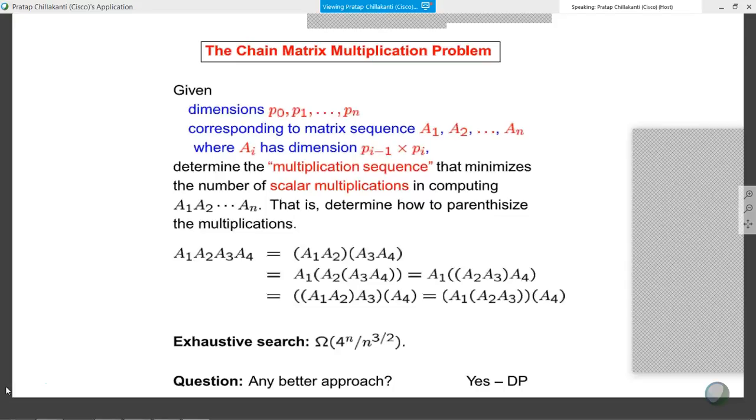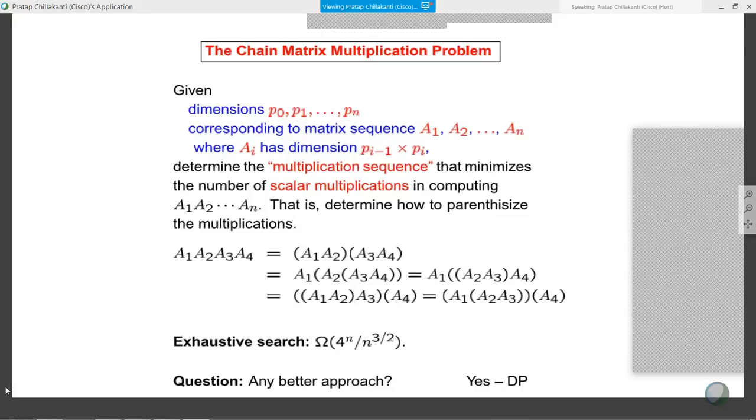Okay. So if you are given dimensions, remember we have different dimensions for matrices, right? So you need an abstraction for dimensions. The dimensions are listed P0, P1, up to Pn. This is where I think they make it a little bit tricky for us.